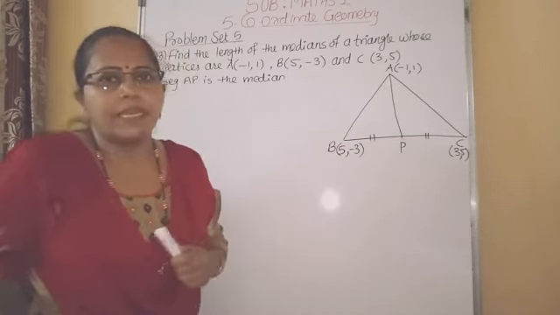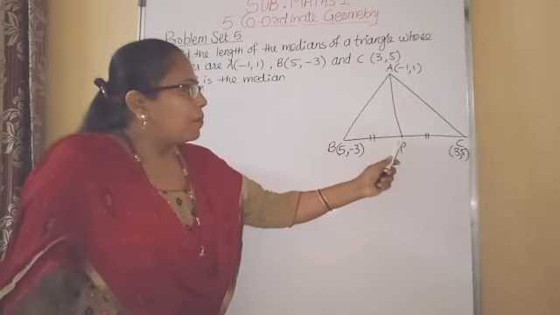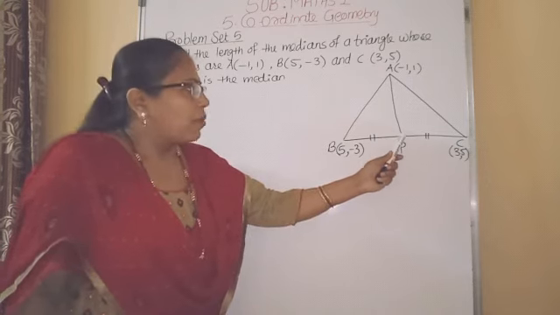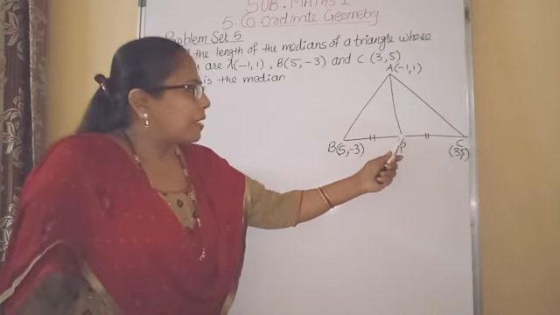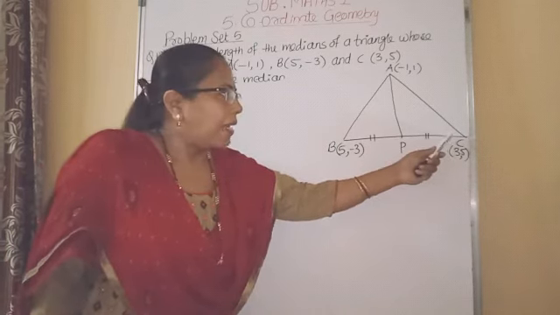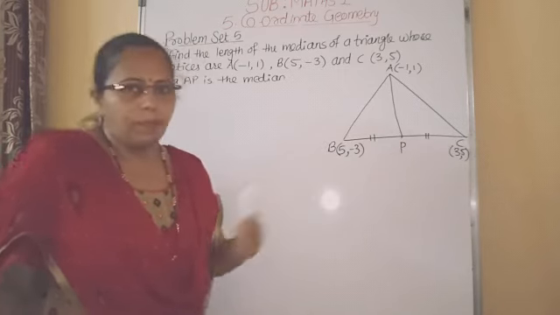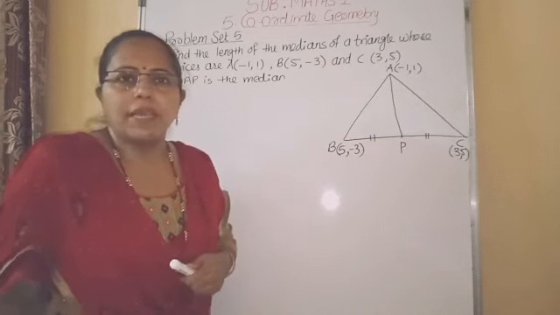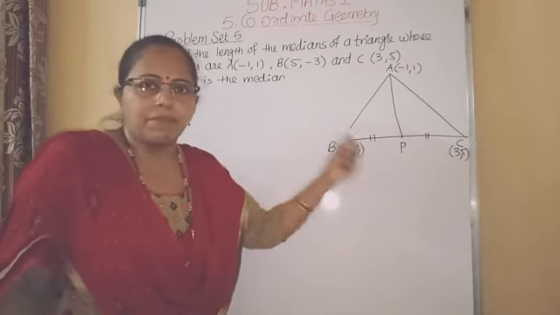So definition of median is segment joining the vertex and midpoint of opposite side. Okay. So according to that definition, if AP is the median, then we must say P is the midpoint of side BC. Okay. And we will get coordinates of point P using midpoint formula. And then we can find out distance AP by using distance formula. Understood the question? I took only one median first.